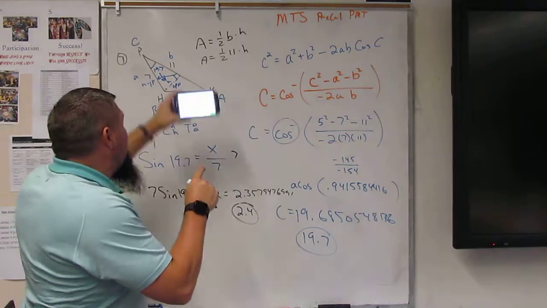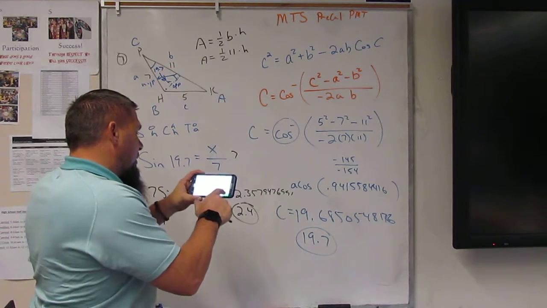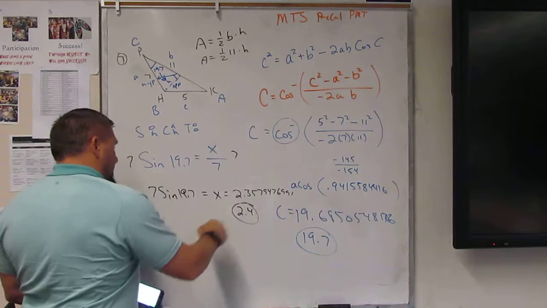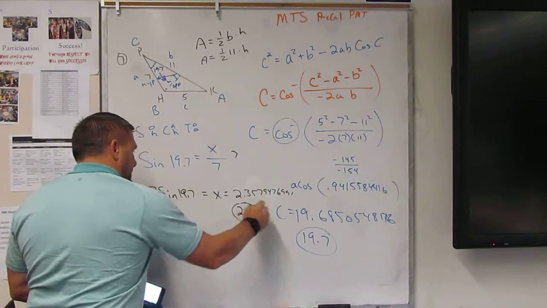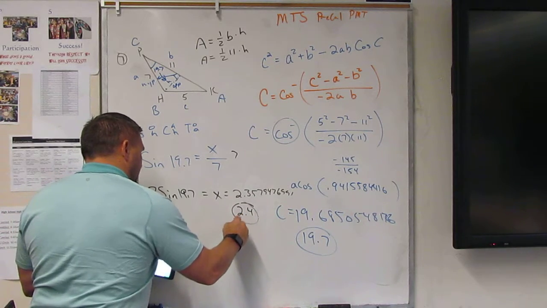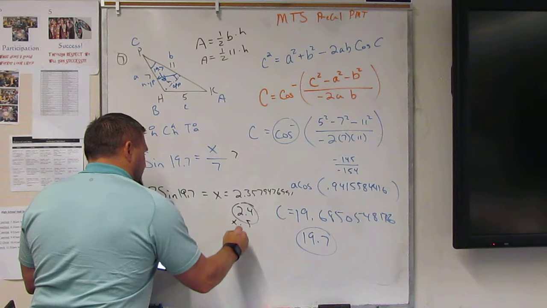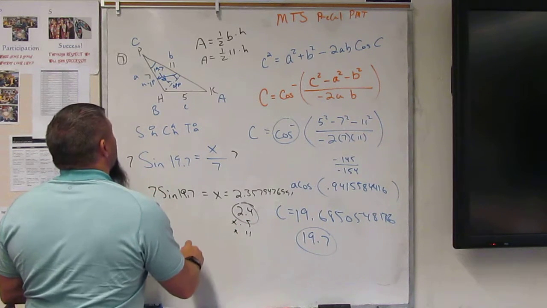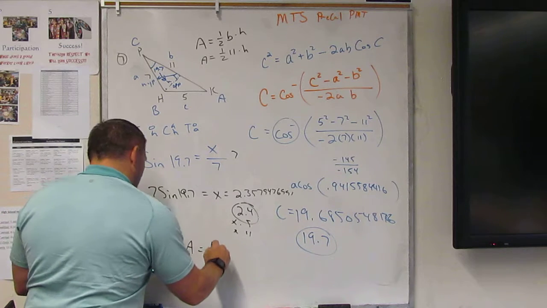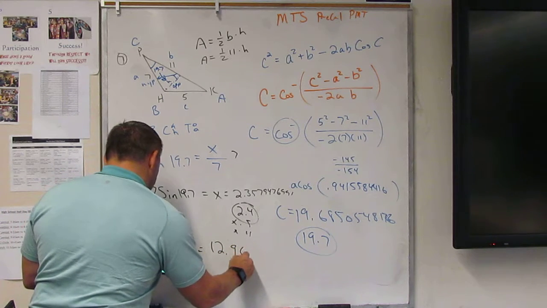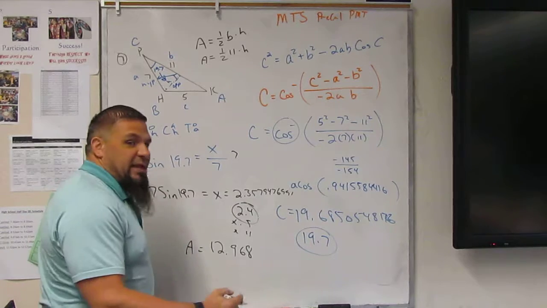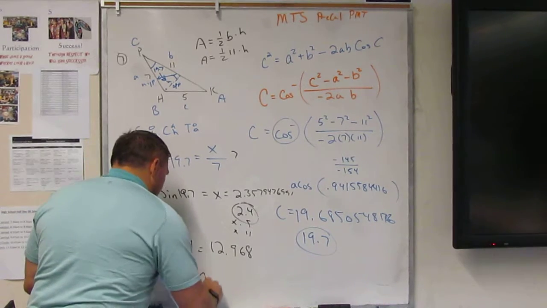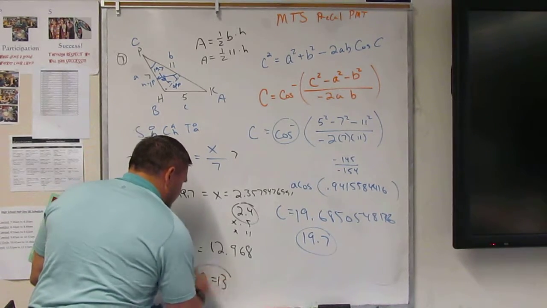And I multiply it by 11. And I get, so this number times 0.5 times 11 gives me the area of 12.968.